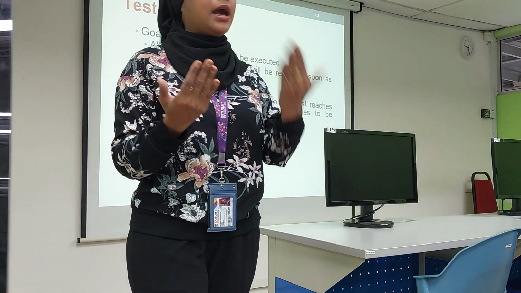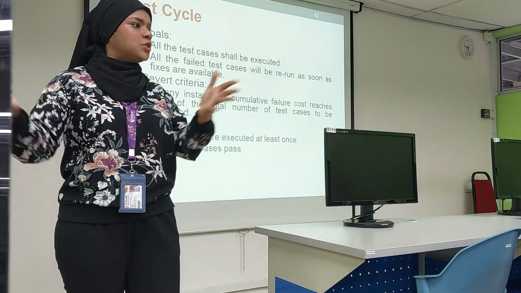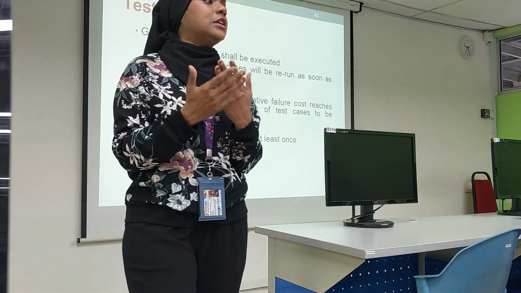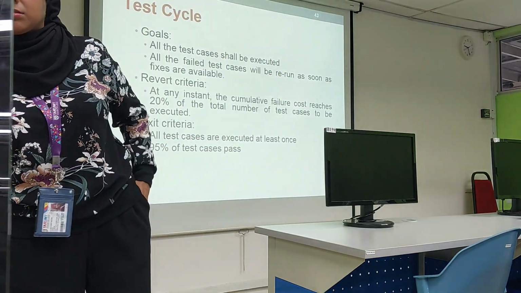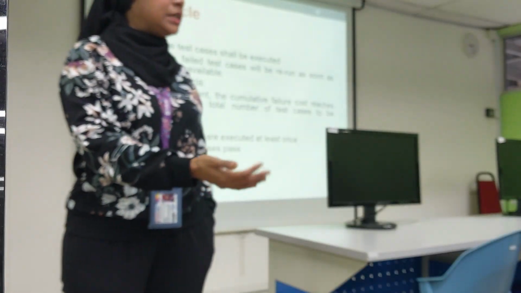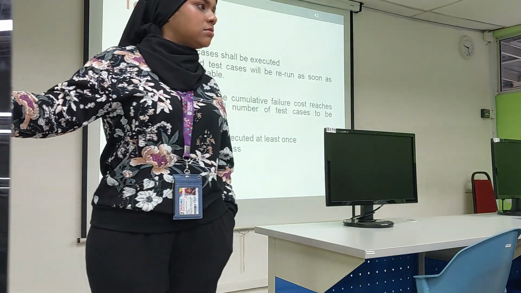So if our actual result tallies, it means it matches what is given in the expected result, then our test case will pass. It means I expect to see A and actually I'm seeing A. So it means pass.